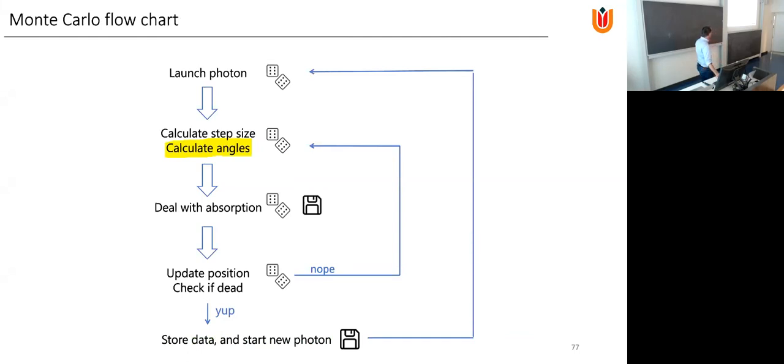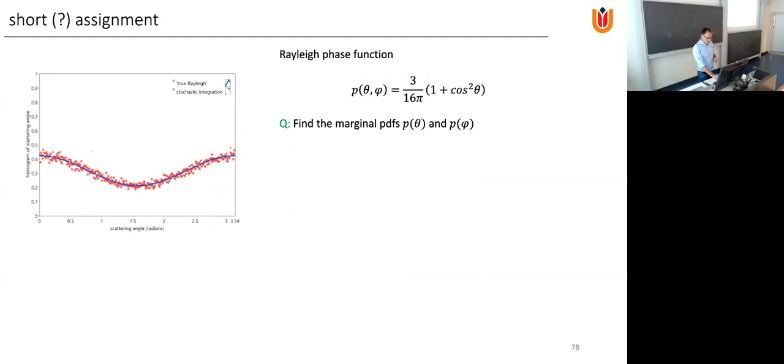So let's look at how that would work if you would want to calculate, for example, scattering somewhere in this project. This is the Rayleigh phase function. You recognize this one? It's a function of theta. Even though the formal phase function is a function of theta and phi, you can see that there is dependence only on theta.